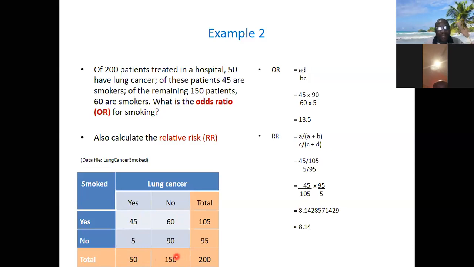From what you know, 45 out of 50 is greater than 16 out of 150, because 16 out of 150 is not up to half. Whereas 45 out of 50 is close to everything. So it's a clue that most of those people that developed lung cancer smoke. But to quantify it, there are two approaches.